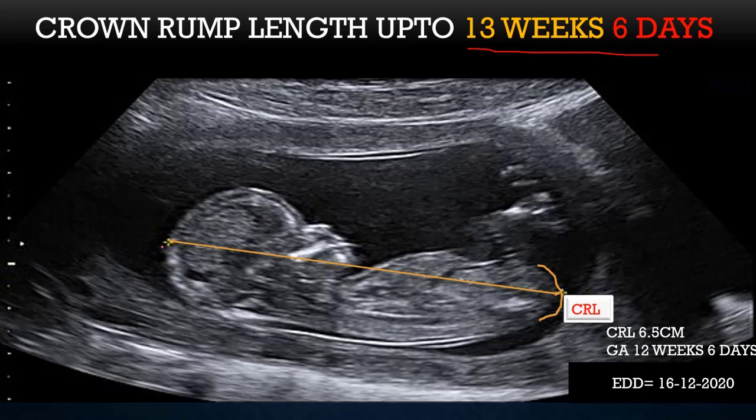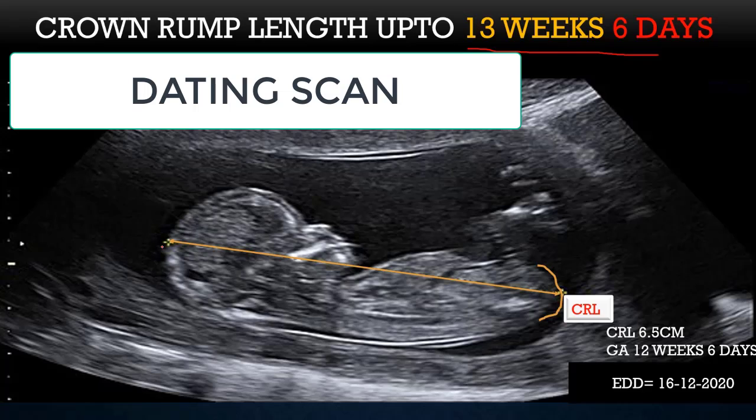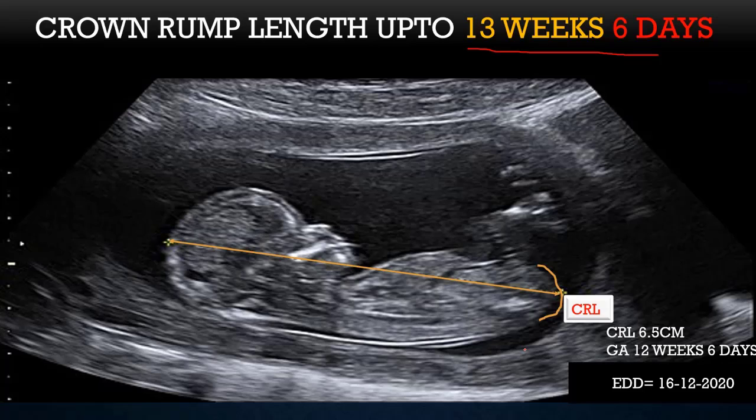In order to calculate the gestational age by crown rump length, first turn the transducer to obtain the maximum fetal length, and make sure don't include the yolk sac. So measure starting from the crown, that is the head of the fetus, till the rump, that is the buttocks area of the fetus. You have to measure the distance between the crown till the rump.